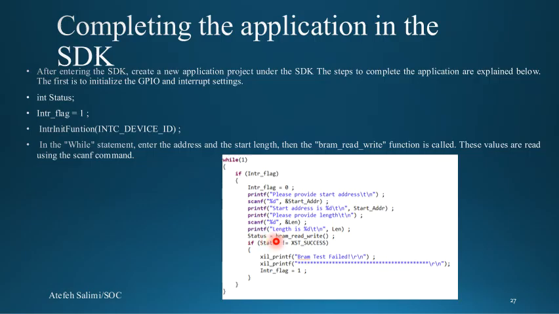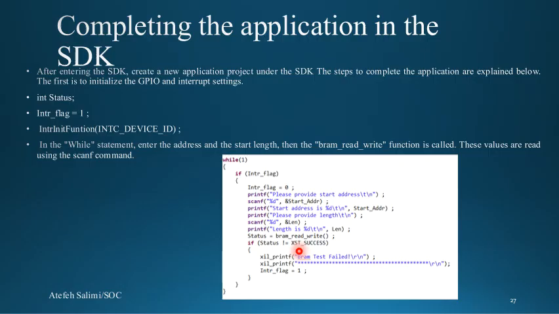After that, it will call another function called BRAM read write, which I will explain in the next slide, and the value of that will be assigned to the status parameter that has been defined at the start of the main.c code. It's obvious. So it will check if the status is not success.